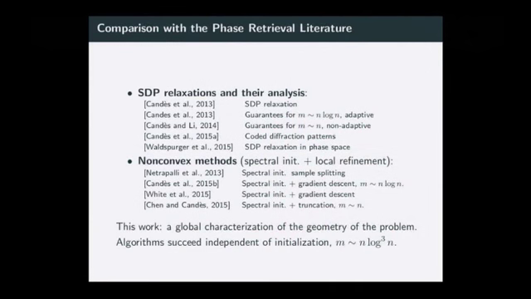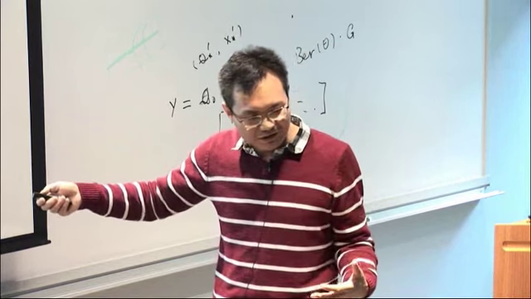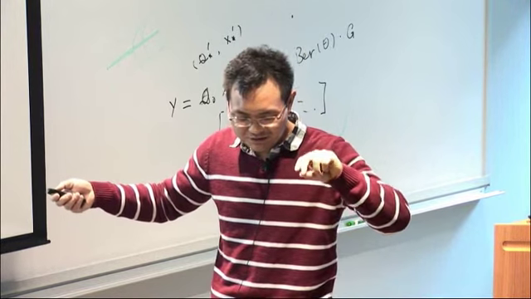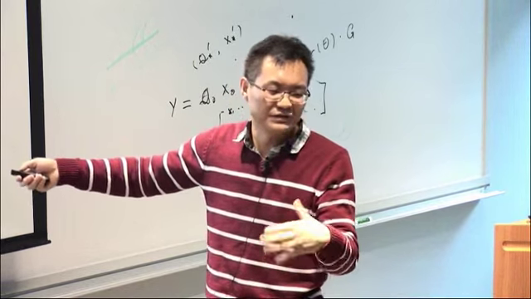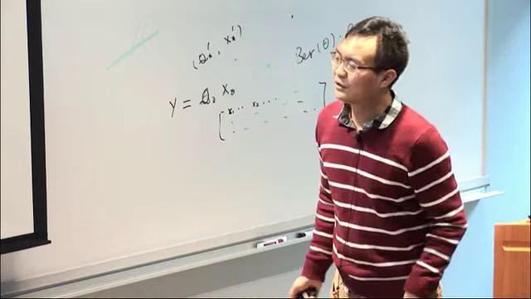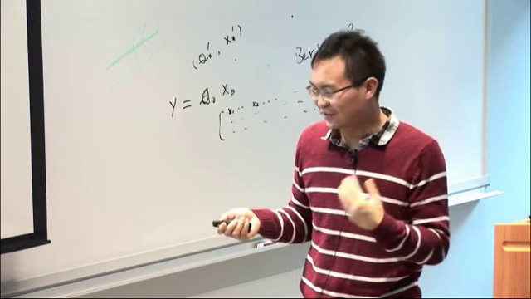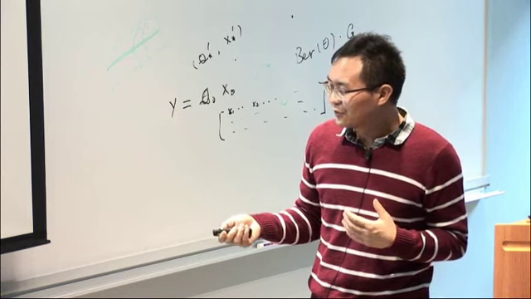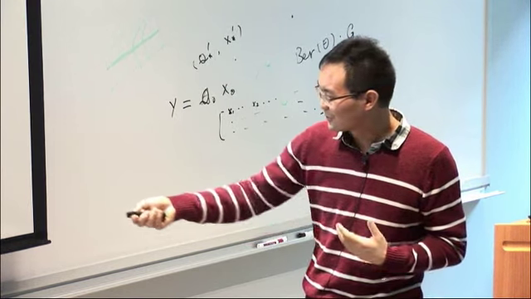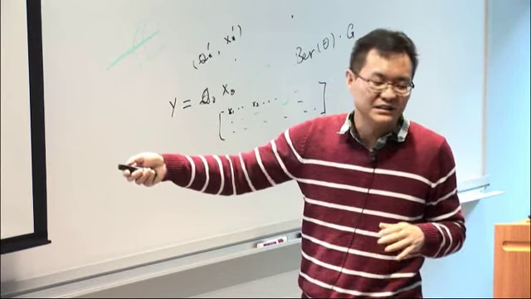There are non-convex methods, but all of them are based on doing spectral initialization. That means you already put your initial point near the target, and then you do some local descent. So here, what non-convex formulation or non-convex analysis brings us is that we actually prove that the geometry is so nice that if you have this many samples, you don't have to do any initialization.